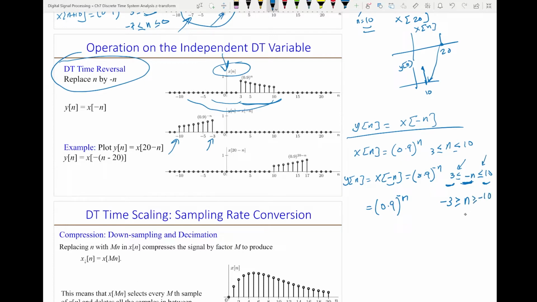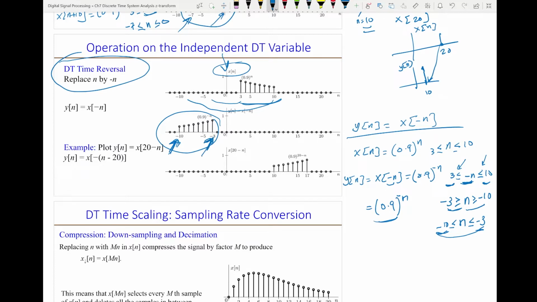And I can rewrite this. This basically, n is larger than minus 10, so I can write it this way. And here, minus 3 is larger than n, or n is less than minus 3. Can write it this way. And if you plot this signal, it will be this one here, and it exists from minus 10 to minus 3.